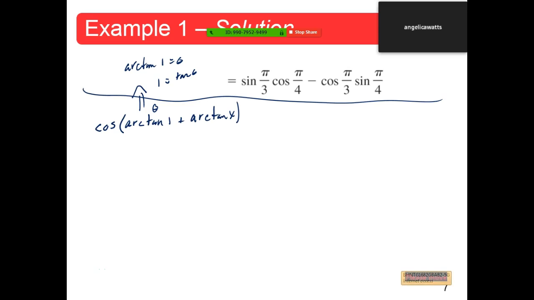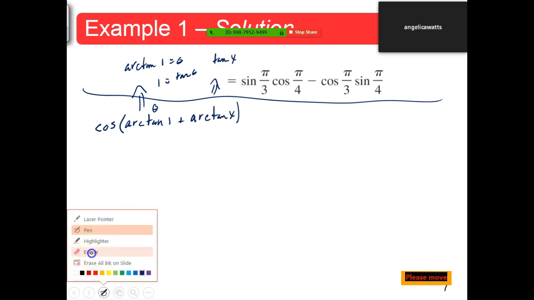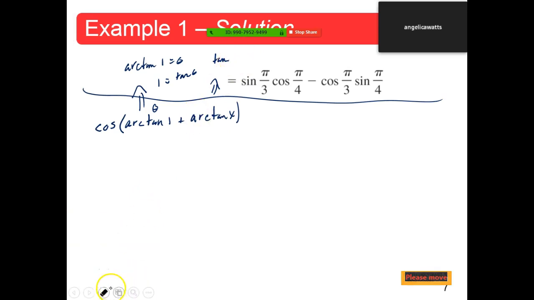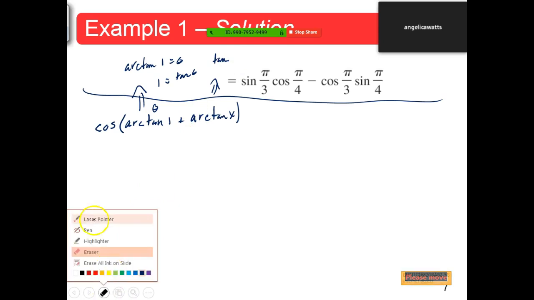And this one, the equivalent expression would be that the tangent of some other angle. Now, give me a different angle name.